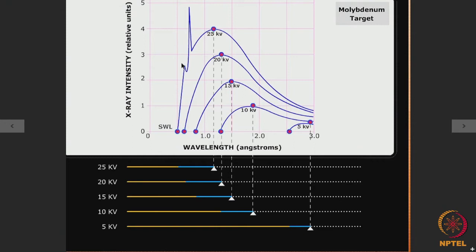As I mentioned, this characteristic radiation is called the K beta radiation, and this one is known as the K alpha radiation. K beta radiation wavelength is shorter than that of K alpha.